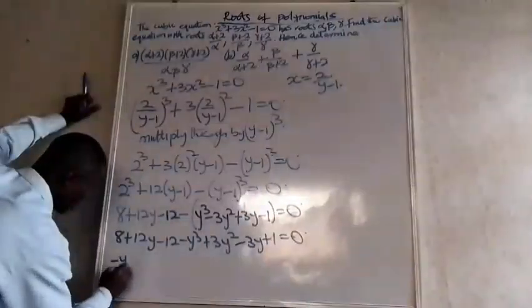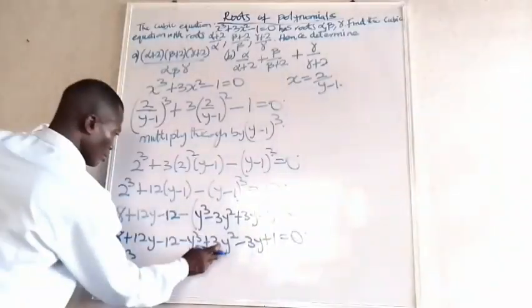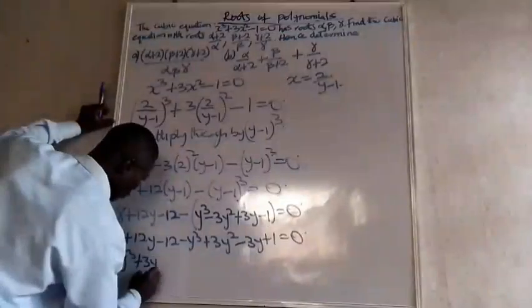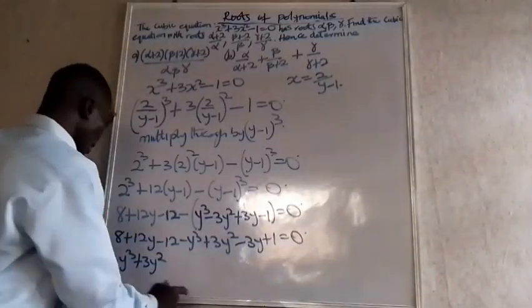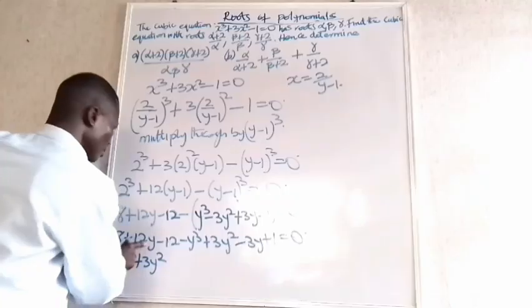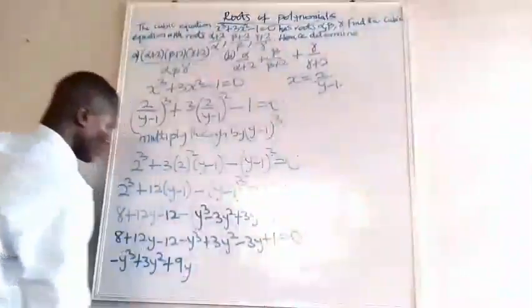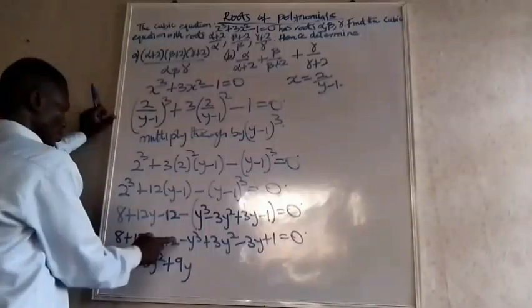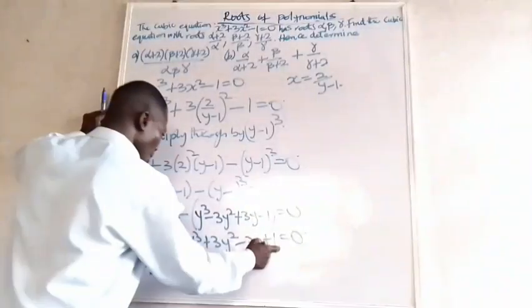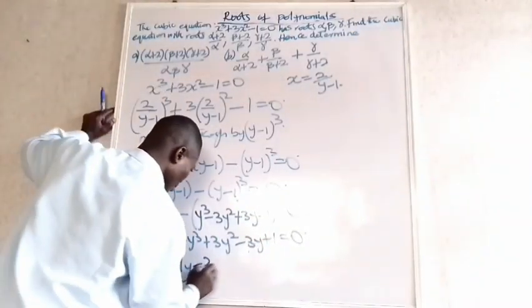So let's gather. Now I have minus y cubed plus 3y squared. I have 12 here minus 3, plus 9y. So I have 8 minus 12, that's minus 4, plus 1, minus 3.